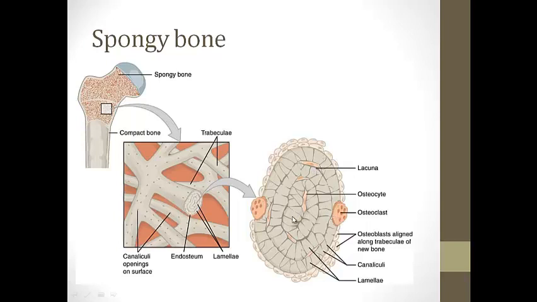So it's a similar arrangement of the bone components. The only difference is that they are arranged to form plates that are separated from each other by spaces. If we take this as one plate and this as another, they're interconnected by this trabecular plate here, but you can clearly see that there's a space in between the two, and this is where you're going to find the bone marrow.